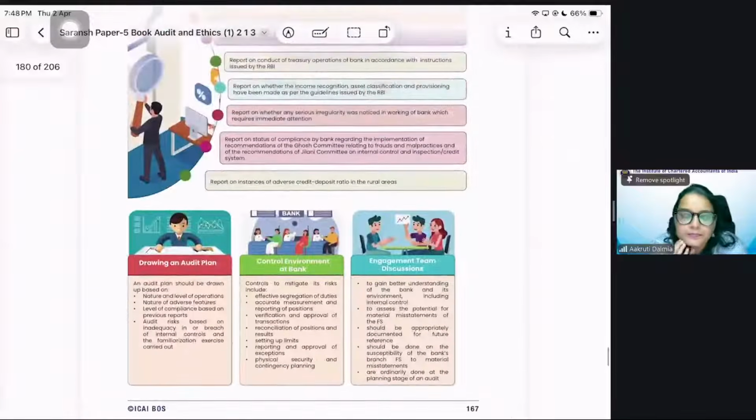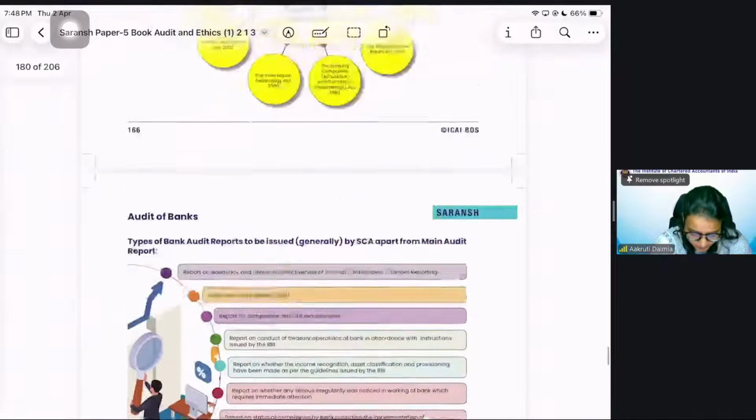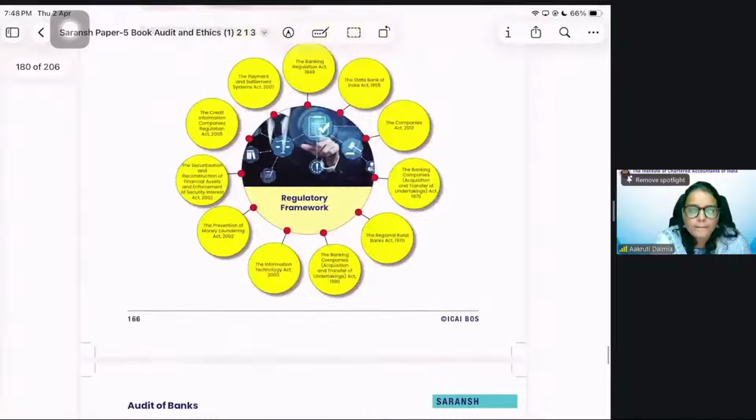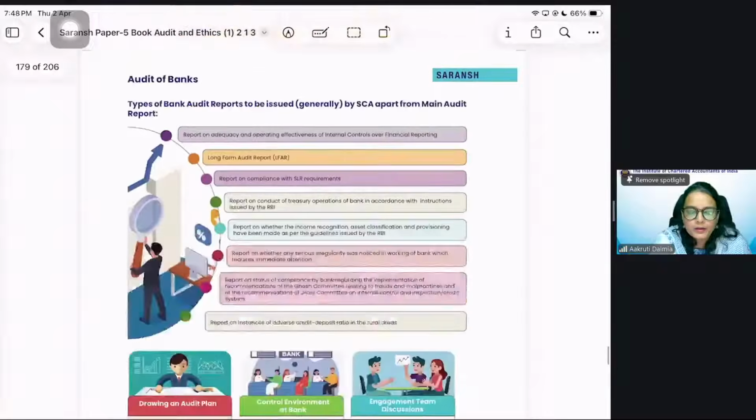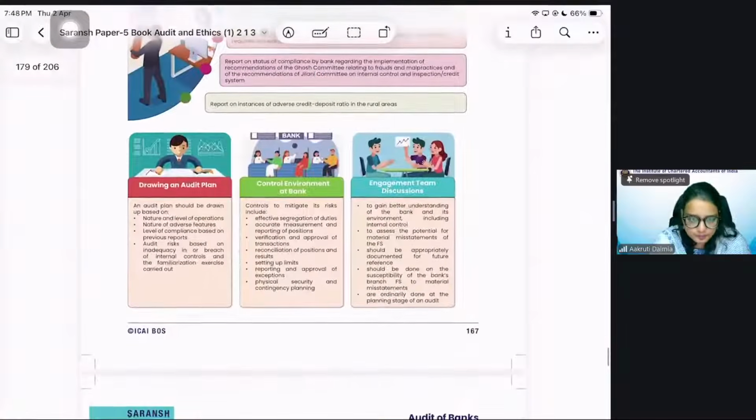Anyone else? Pooja, you can mention the page number also. Others also, when you find the answer, mention the page number. Last 20 seconds.